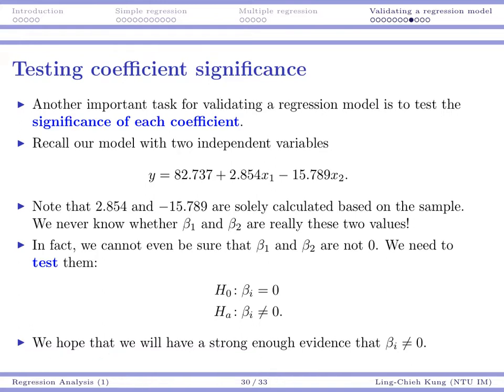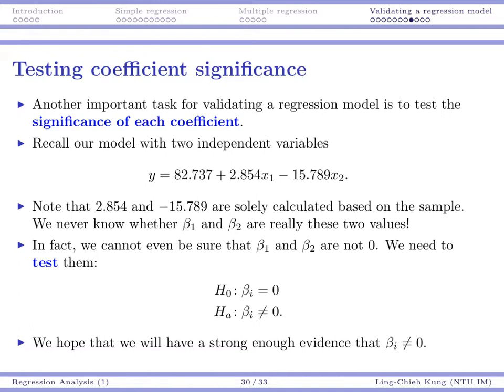We hope that we will have strong enough evidence in our sample allowing us to believe that beta i is really not zero. We hope that our sample data can give us a clue about it. So I'm not going to tell you the details about how to do this, but the only thing you need to do to understand it is to recall your t-test.